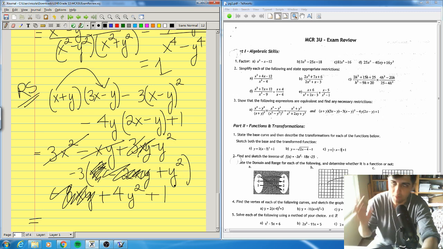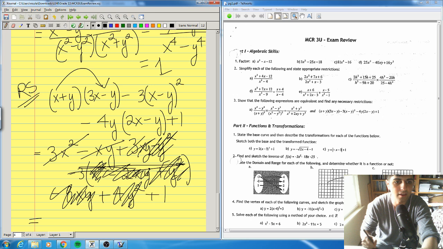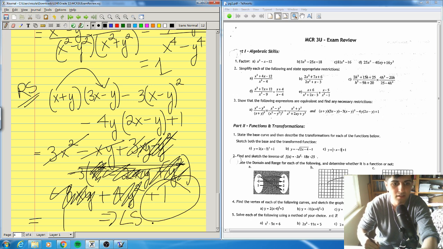That's minus y squared minus 3y squared. That's negative 4y squared. Plus 4y squared gives me 0. So that cancels with that, which cancels with that. So there's basically nothing there, okay? And I end up getting 1 back. So that means that left side equals right side. And I've proven that both equal 1, essentially.